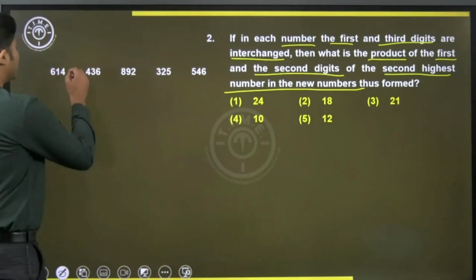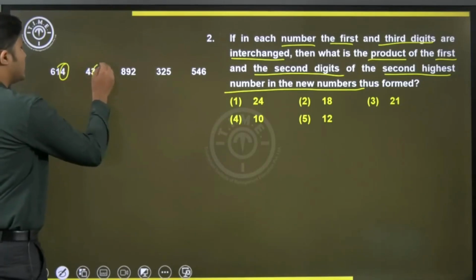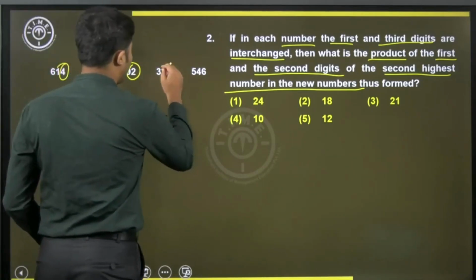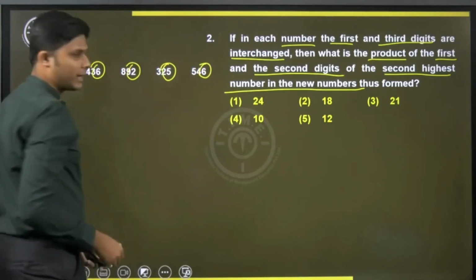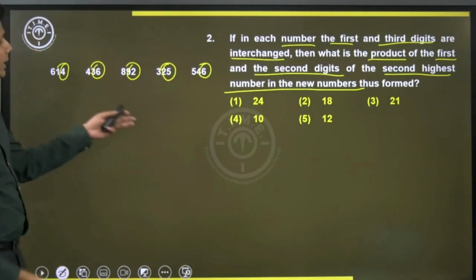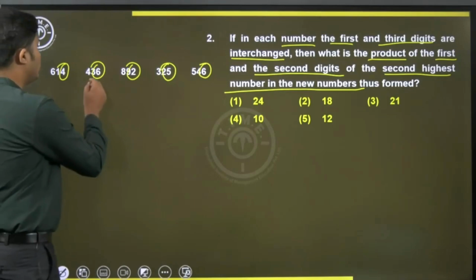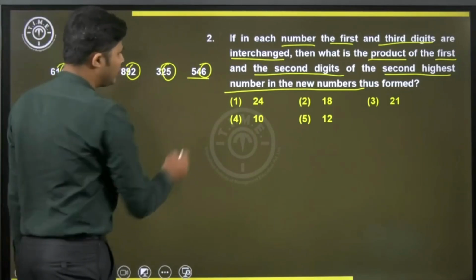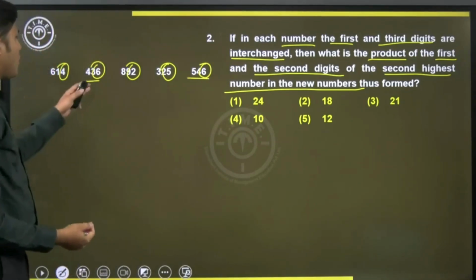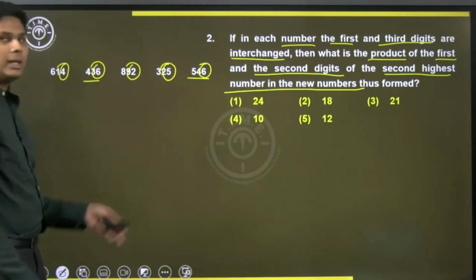On comparing the third digits, 4, 6, 2, 5 and 6 again, we can see that 6 is the highest, and we have two numbers with the third digit as 6. So one among them would be the highest and the other the second highest.